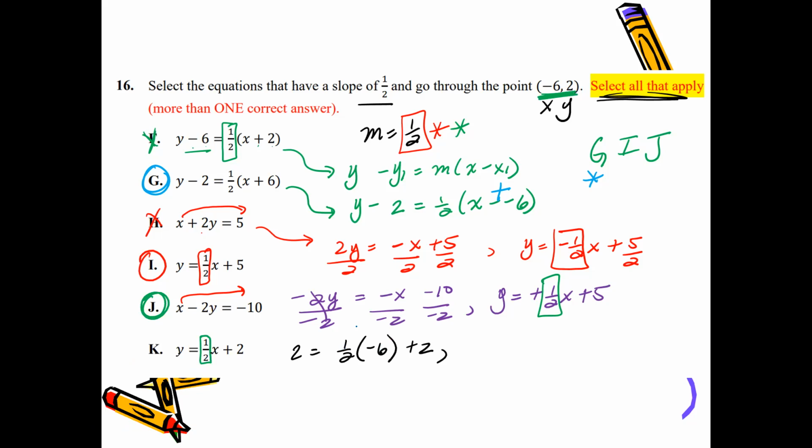What is 1/2 of -6? -3. What is -3 plus 2? Is -3 plus 2 equal to 2? Nope. 2 does not equal -1. And because it doesn't equal, it's not the correct answer, so we cross that out. So the only ones that work are G, I, and J. And that is your answer.